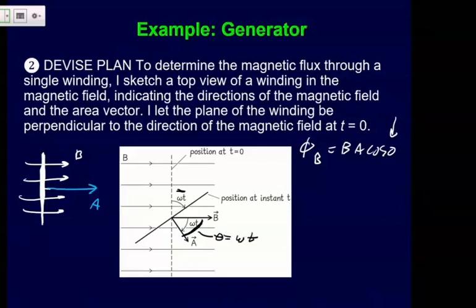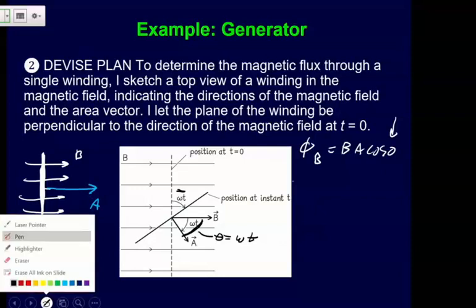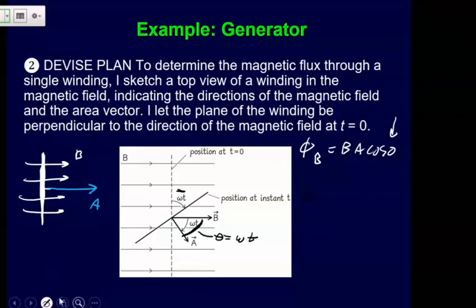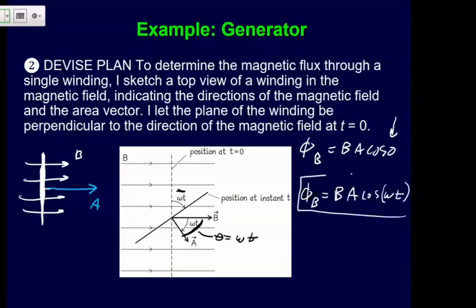In our picture, it starts at 0 and then moves on as omega times t. And so for our particular example, we can write this flux out like this: the magnetic flux is B times A times cosine of omega times t.